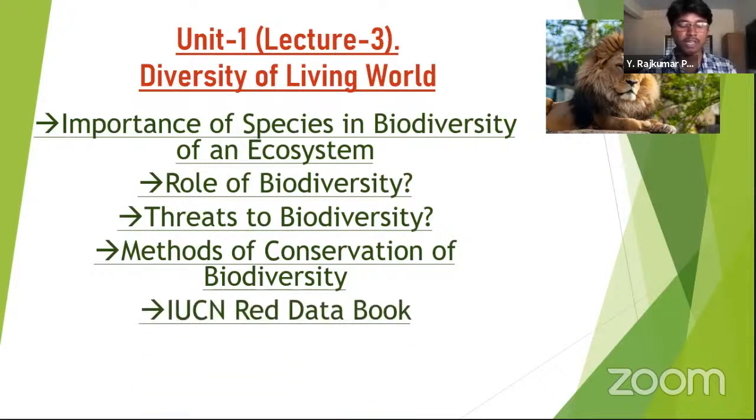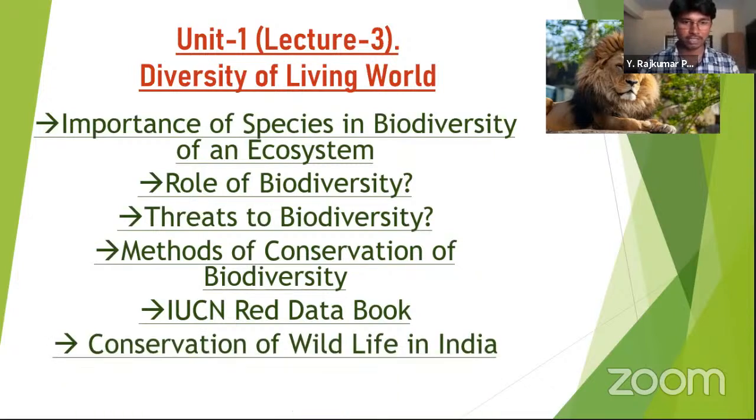And also, we are going to learn about IUCN and the Red Data Book. You will get to know about these words in a very short time. And we are also going to learn about conservation of wildlife in India. These are the concepts that we are going to learn today. Let's start our class.